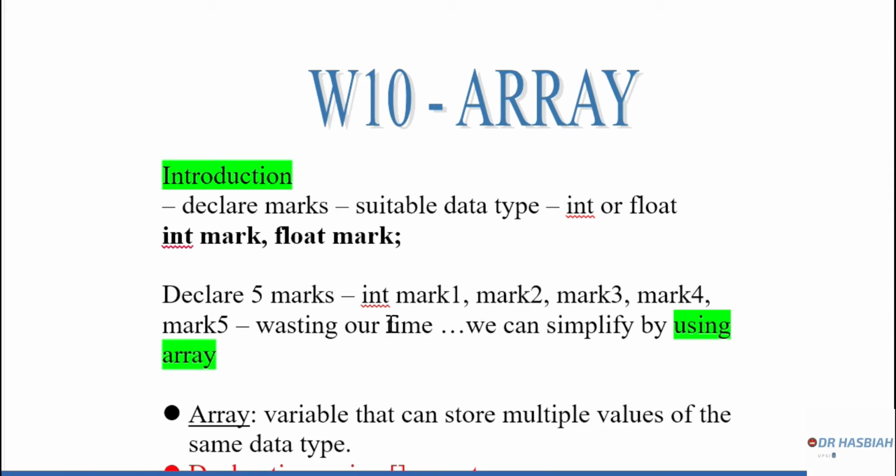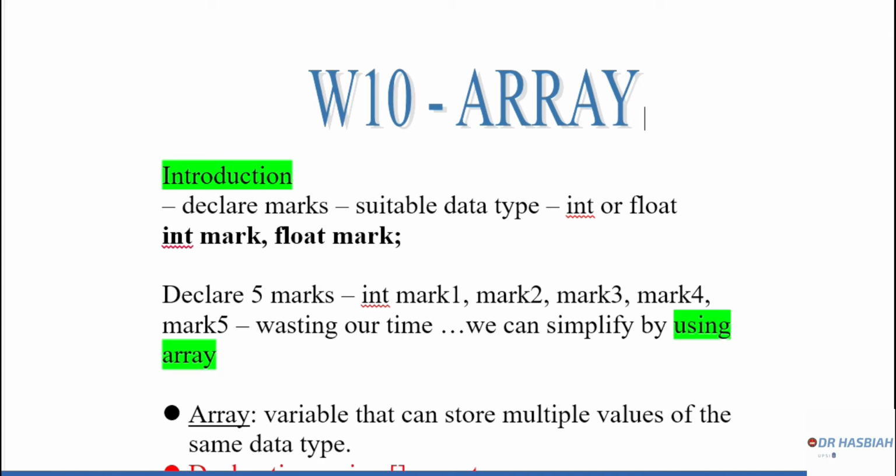In this case we are wasting our time writing the long declaration, so we can simplify our declaration by using array. So make sure if you want to use array, you have several variables that have the same data type. If the variables have different data types, you cannot use array. That is the key in order to use array.